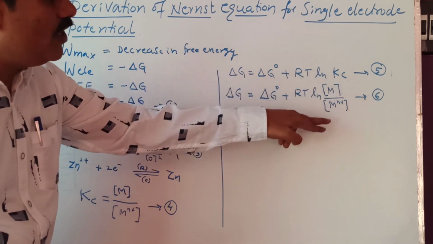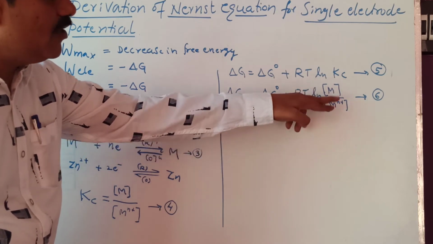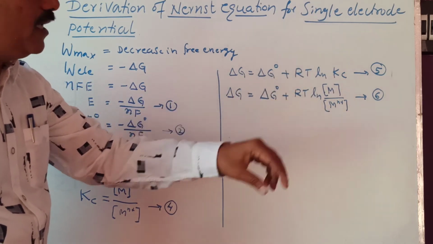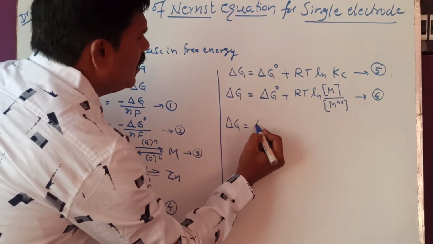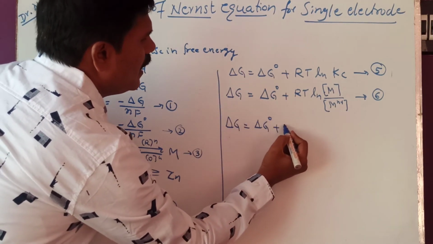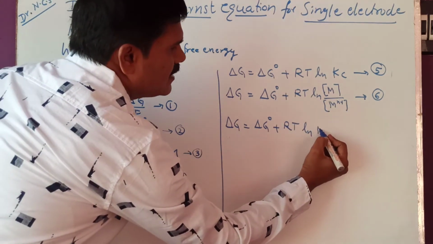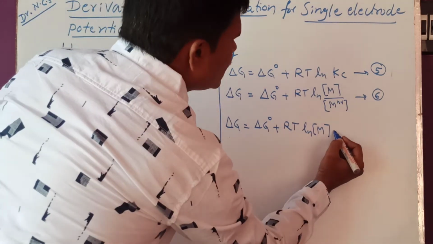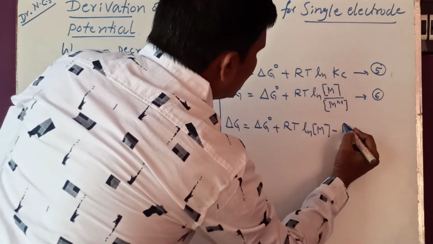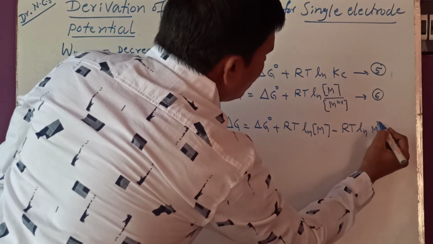This is of the form log A by B. Let us split this into log A minus log B. So delta G is equal to delta G0 plus RT natural log A, where A is nothing but molar concentration of metal, minus RT natural log molar concentration of metal ions.